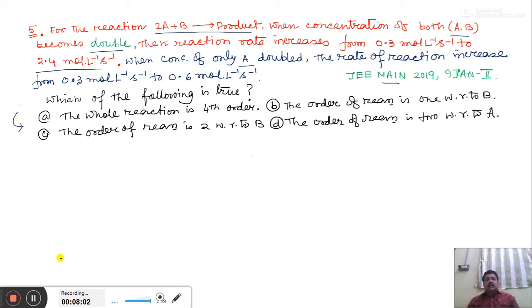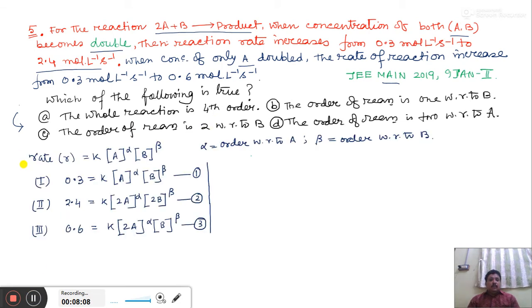Now to determine the values of reaction order in this reaction, from the question we can write rate R is equal to K into molar concentration of A to the power alpha and molar concentration of B to the power beta. Now from the first experiment we can write 0.3, the initial reaction rate, is equal to K into A to the power alpha into B to the power beta.